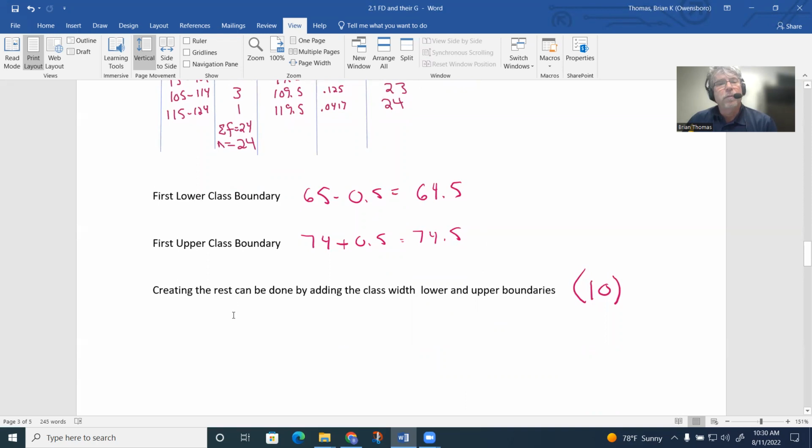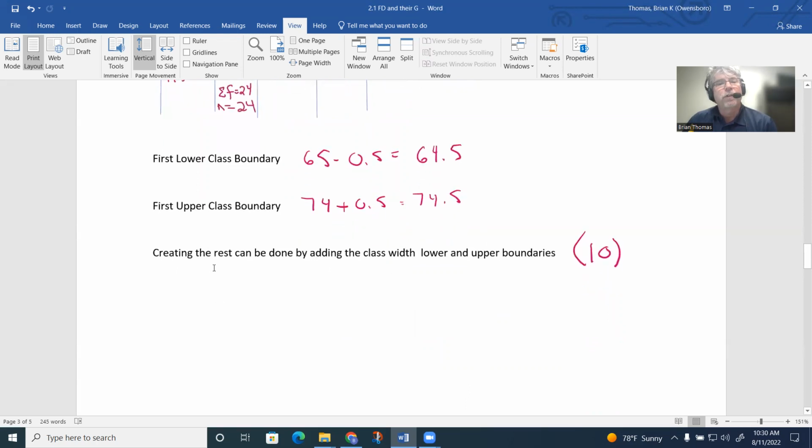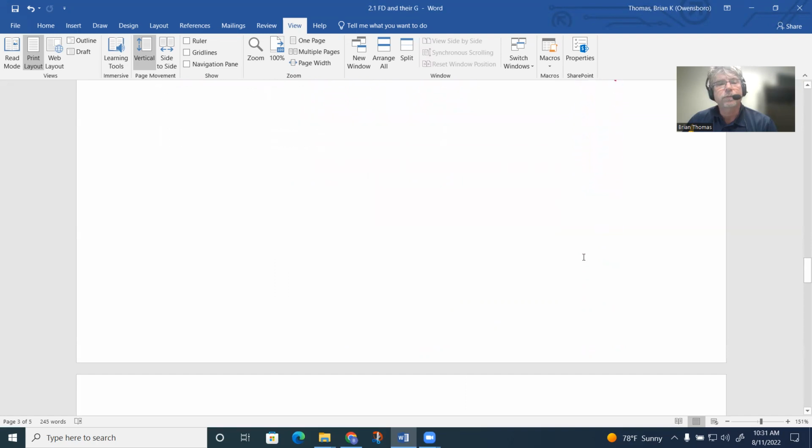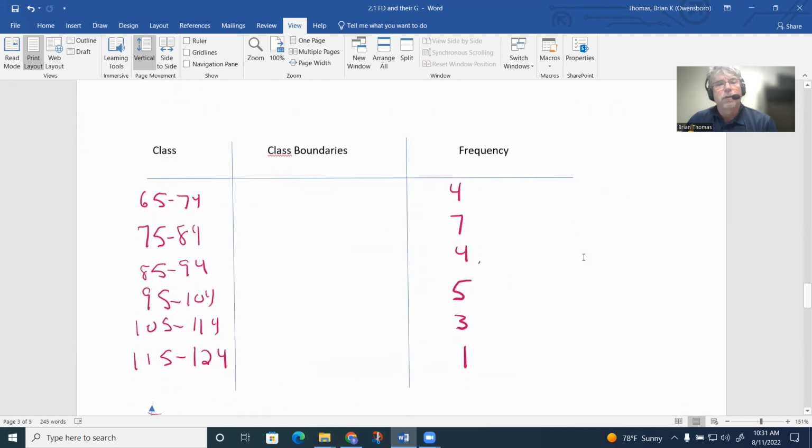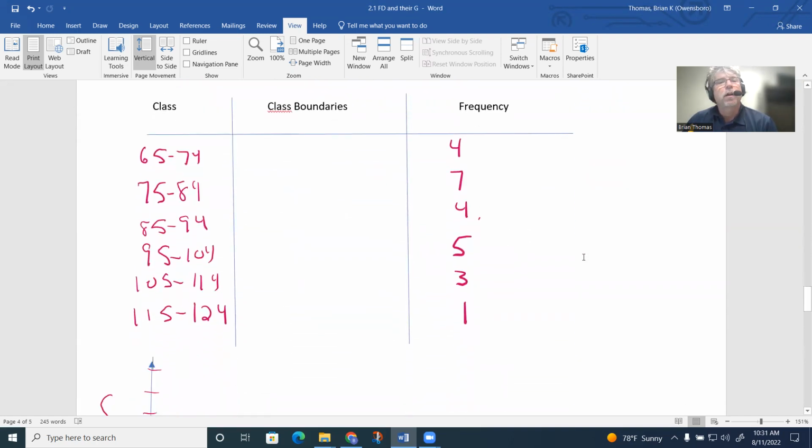To create the rest of the boundaries, all we have to do is use the class width and add that to the lower and upper boundaries. If you recall, our classes and class widths were given here.